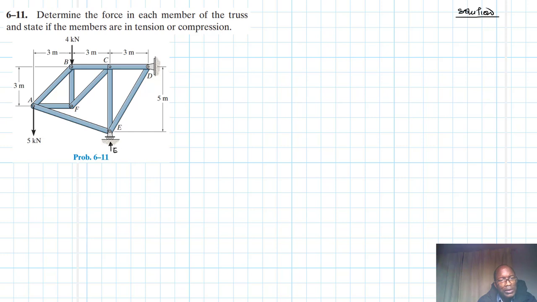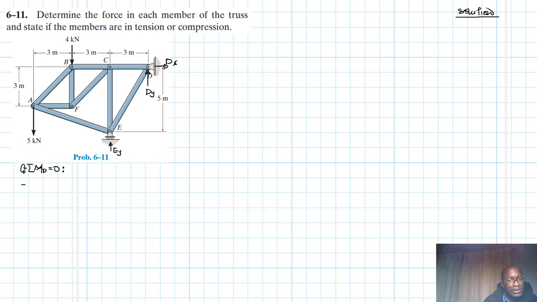We'll have Ey at the roller, and then we'll have two reaction forces at the hinge, Dy and Dx. We are going to take moments about point D. So the summation of moments about point D equal to 0, anti-clockwise being our reference.